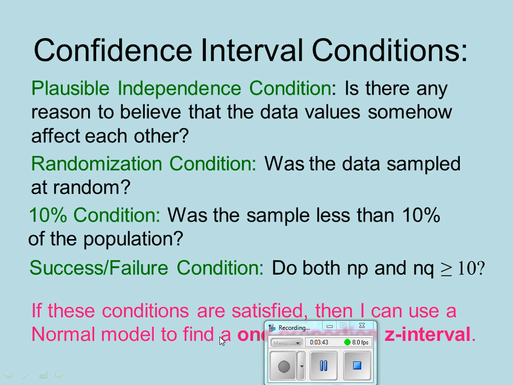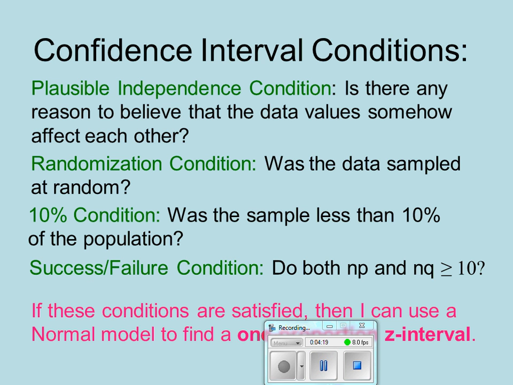To be able to use a confidence interval, you have some conditions, just like before, and they are these four things. You need plausible independence, meaning mutually independent conditions, just like in Chapter 18. Is there any reason to believe that the data values somehow affect each other? They shouldn't, for using confidence intervals.